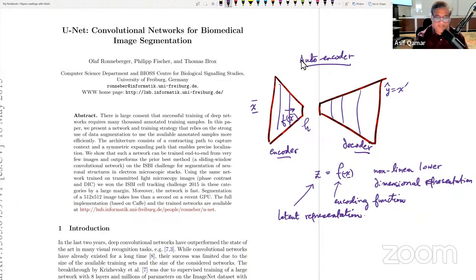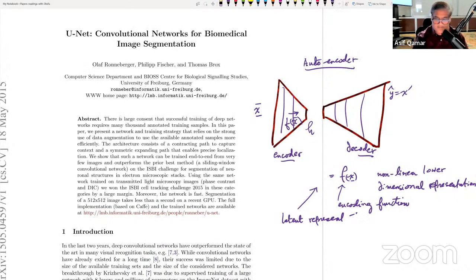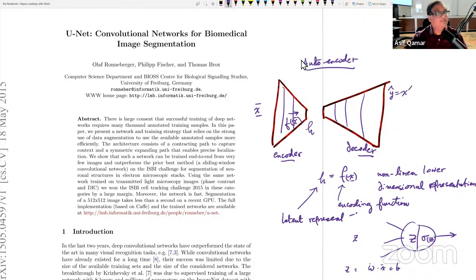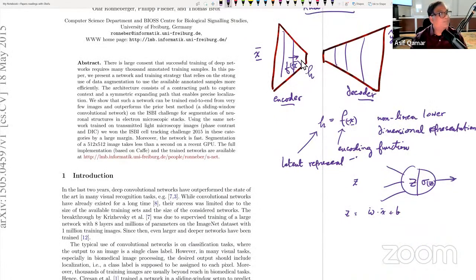Let me write it as a hidden state, H. At any given moment, you have Z and the activation of Z to produce the output. Z is W dot X input plus a bias term. Do we remember this, guys? This is going back to the basics of a neuron. The output is equal to the activation of Z.